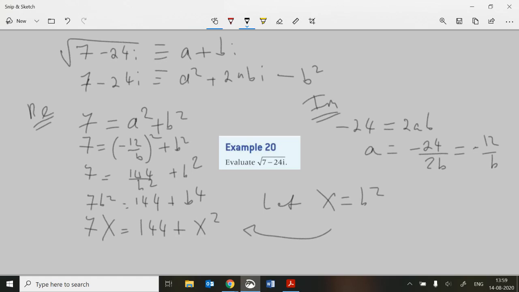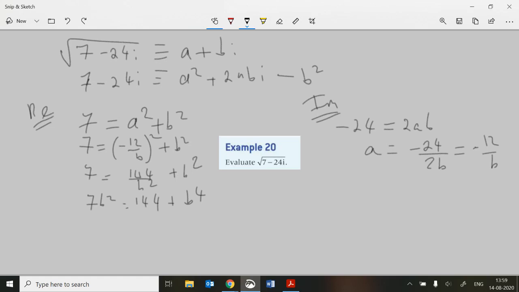So you can solve a quadratic here. And so we can see we've actually got a quartic, but it's in the form of a quadratic. For myself, I'm not going to actually do that. So you can do it like that, and then you can solve x equals b squared. So once you get your two answers for x, we can then solve for b.